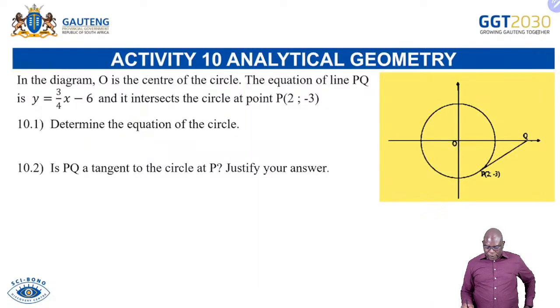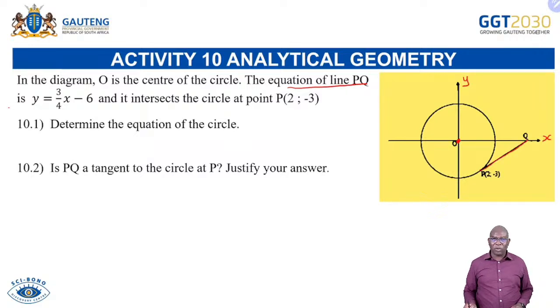Okay. In the next activity, we have a bit of a challenge here where we need to justify the answers. It says in the diagram, O is the center, which is always going to be the case. And then the equation of the line PQ. You see the line PQ, you are not told that this is a tangent.